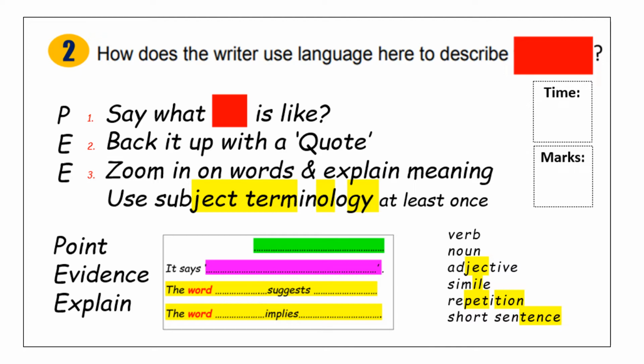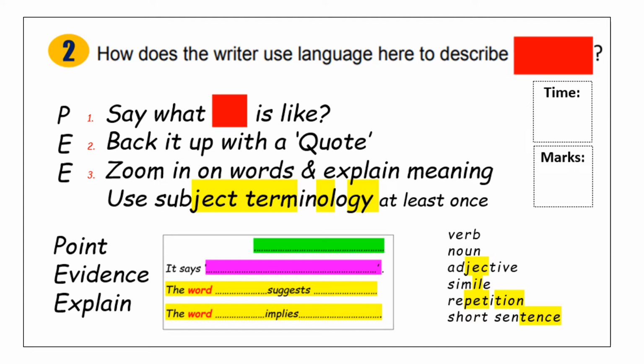On the right there, I've put some subject terminology, so verb, noun, adjective, simile, repetition, etc. So again, don't be intimidated by this subject terminology, but if you are going to do some independent revision, working out what these words are and being able to spot them in an extract is something that you could work on in terms of your knowledge. What is an adjective and can you spot them in sentences?